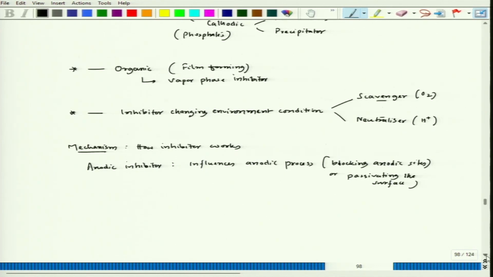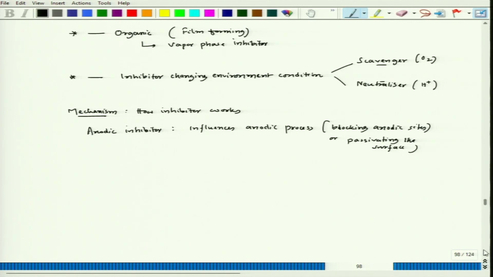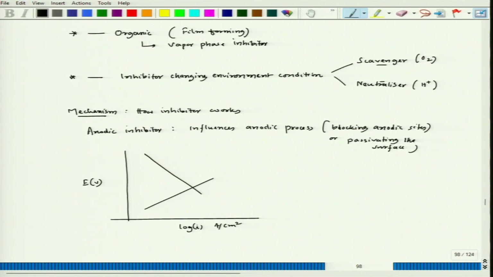Now, if we try to look at it from the mixed potential point of view, so if you see this E versus log I plot, let us say this is the situation here. So, this is my E corr and this is I corr. This is anodic process or anodic polarization. This is cathodic polarization.